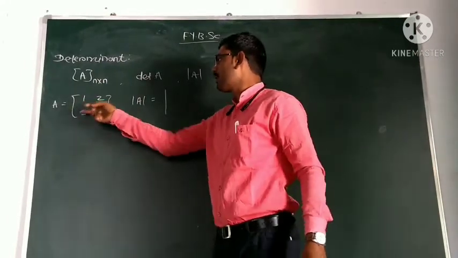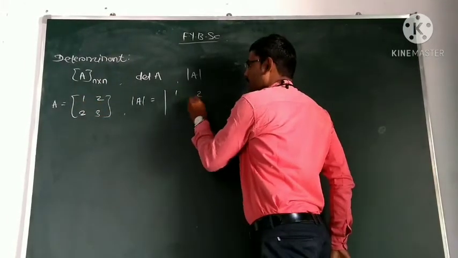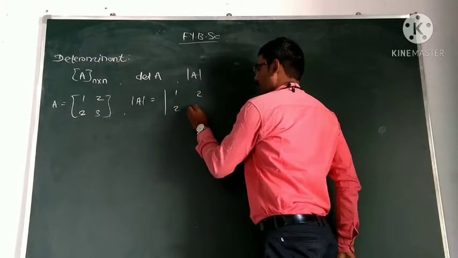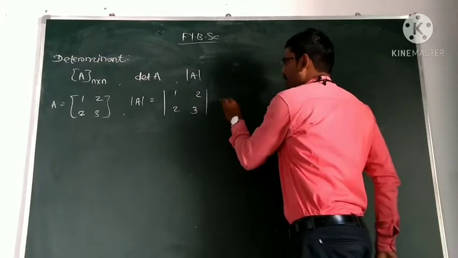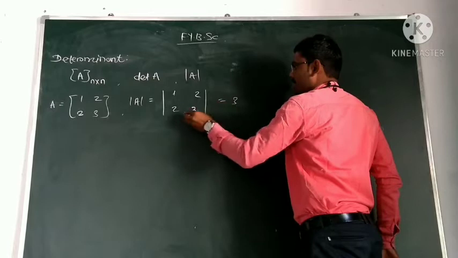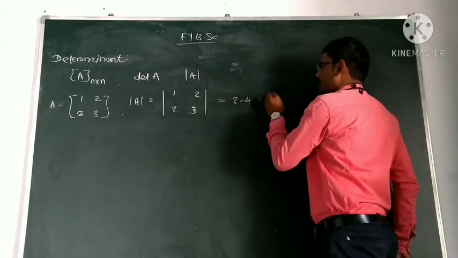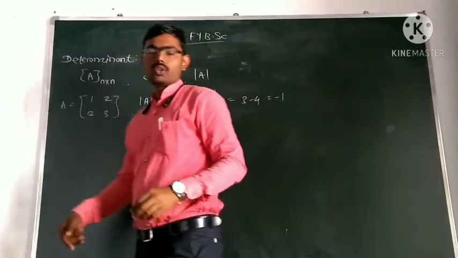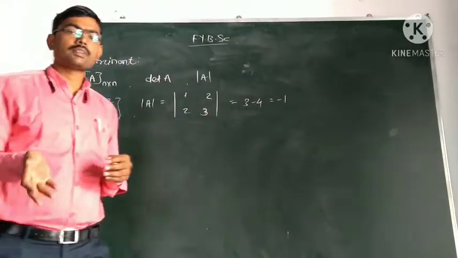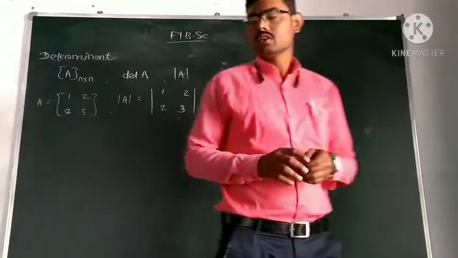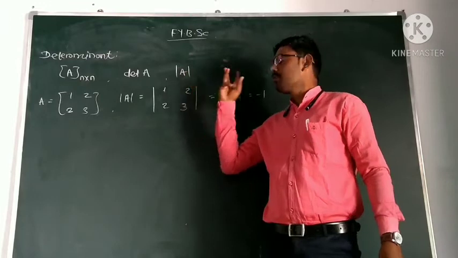So det(A) is equal to the determinant of [1 2; 2 3], which we know is equal to 3 into 1, which is 3, minus 2 into 2, which is 4, which is equal to minus 1. We know how to calculate the determinant of two-by-two matrices and 3 by 3 matrices.